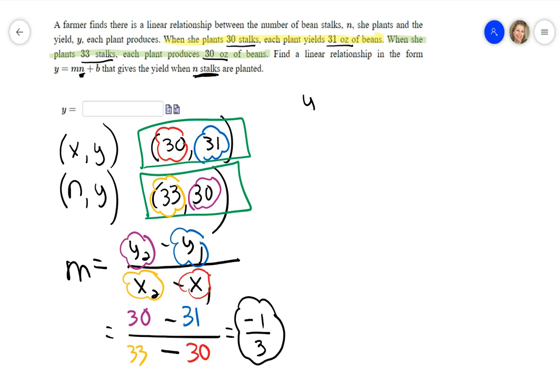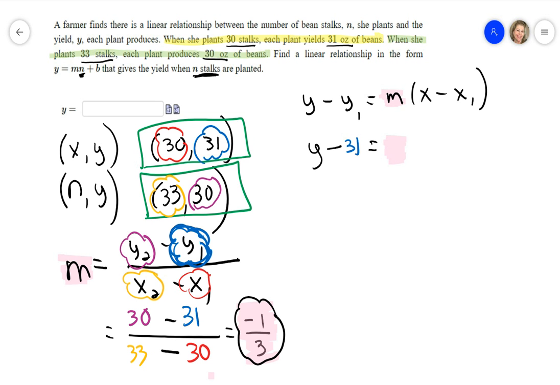I am now going to go to the point slope form of a line. And I just found that my slope was -1/3. That's what's going to go right here. All right. Equals, and then it's going to be y minus the y sub 1. Again, it doesn't really matter which point, but since I had this as y sub 1, I'm going to put the 31 there.